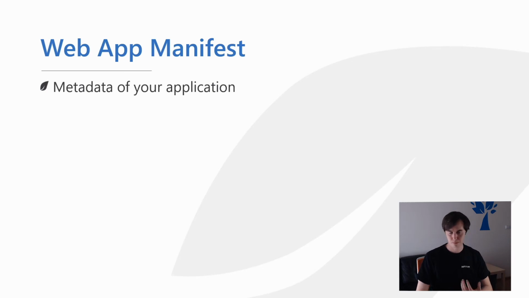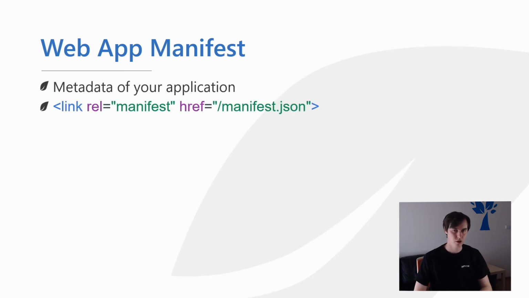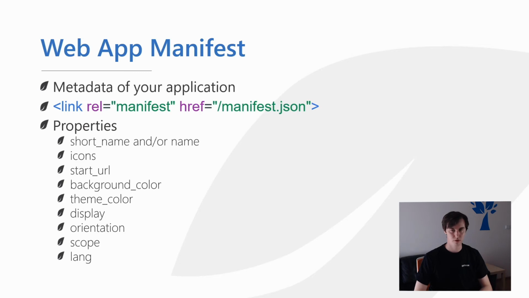It's a file that contains the metadata of your application. You link it in your HTML file, so you set where it's located in your file storage, and you put some properties in there. It's a JSON file, so you set it up so that it shows the browser stuff about your application.